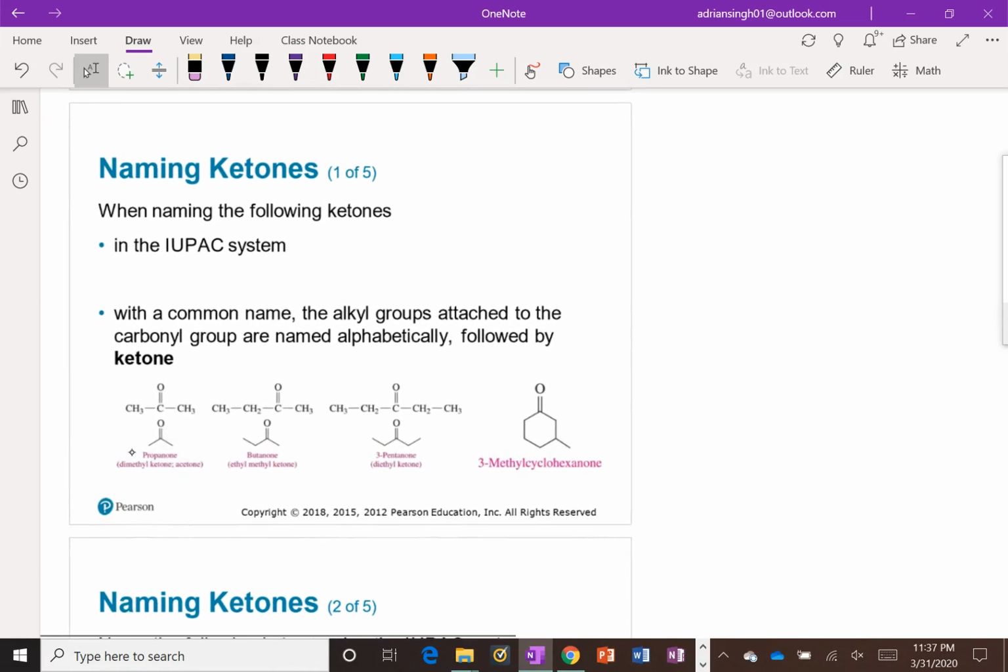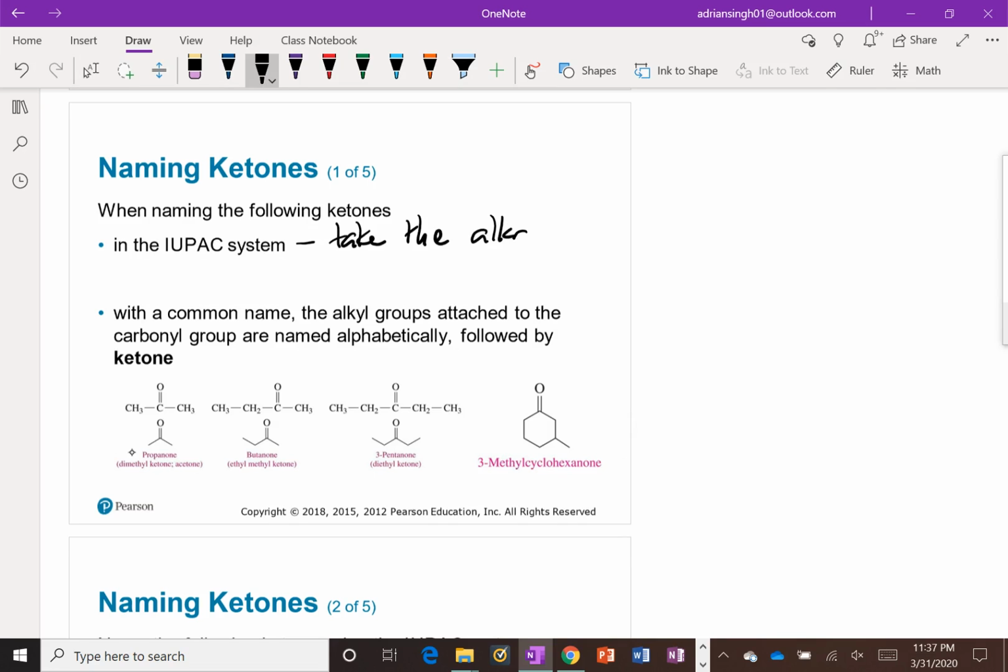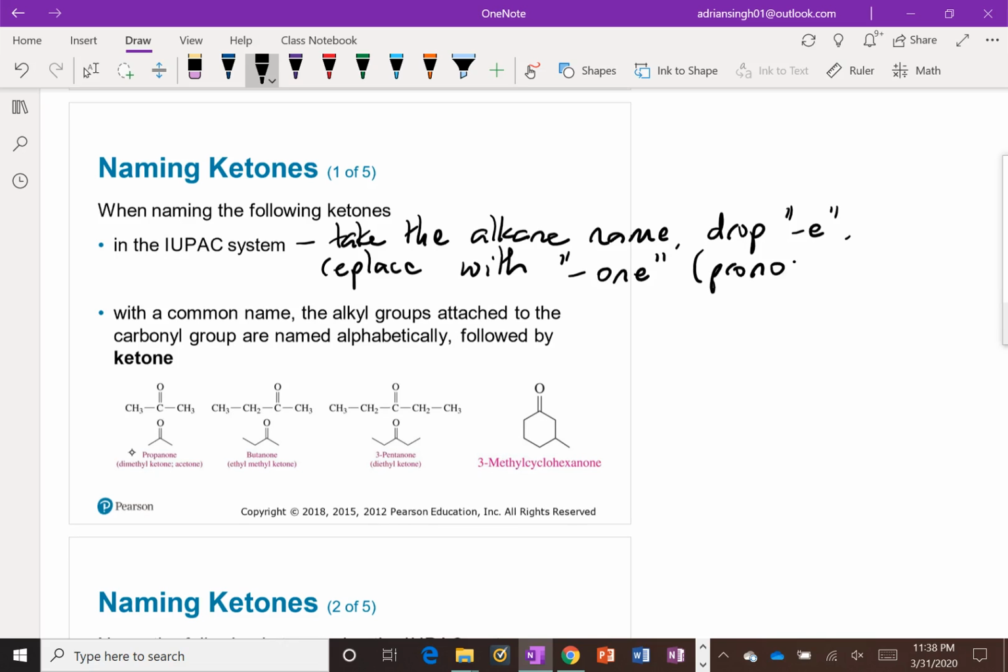All right, so when it comes to naming ketones, the systematic way, the IUPAC way, is we're going to take the alkane name, drop the E, and replace with O-N-E, which is pronounced own, right?